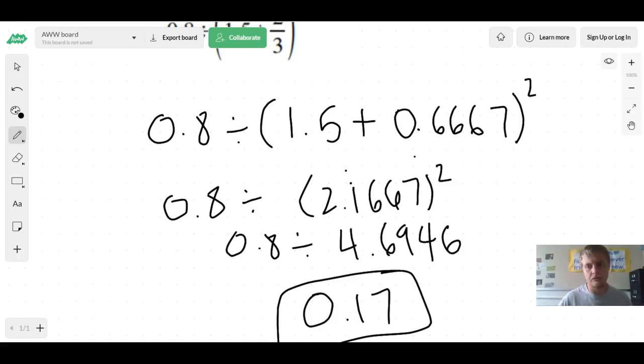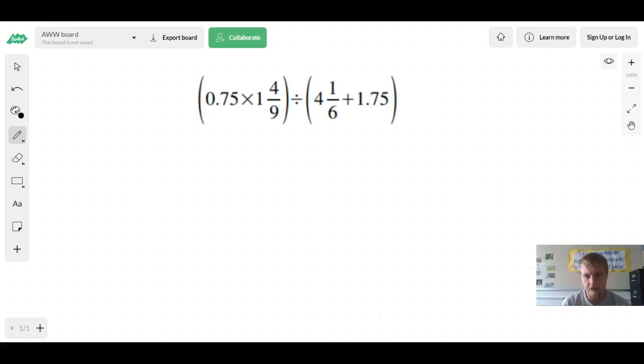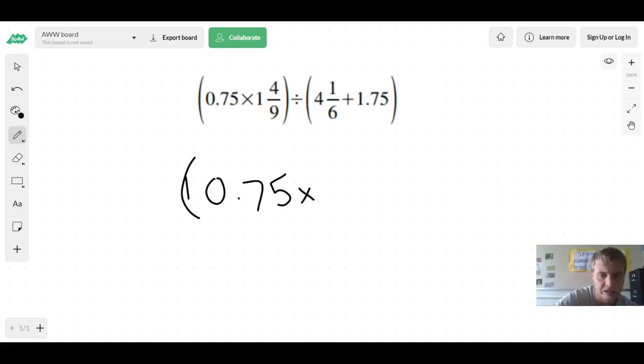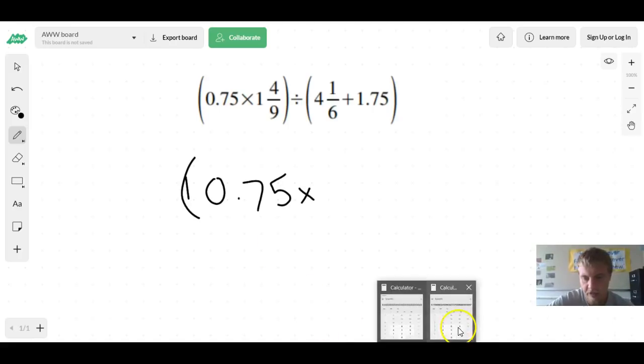So again, on this problem, convert everything to decimals. Once it's decimals, just do your normal order of operations using your calculator. Let's do one last example. Again, first thing we'd want to do is get these things written as decimals. So that'd be 0.75 times, and we'll take 4/9.